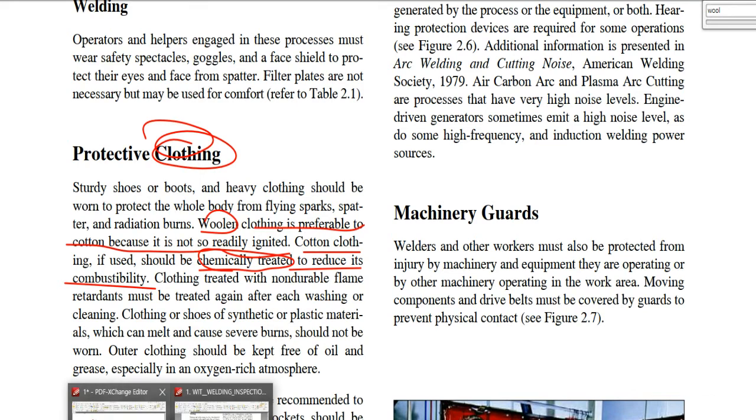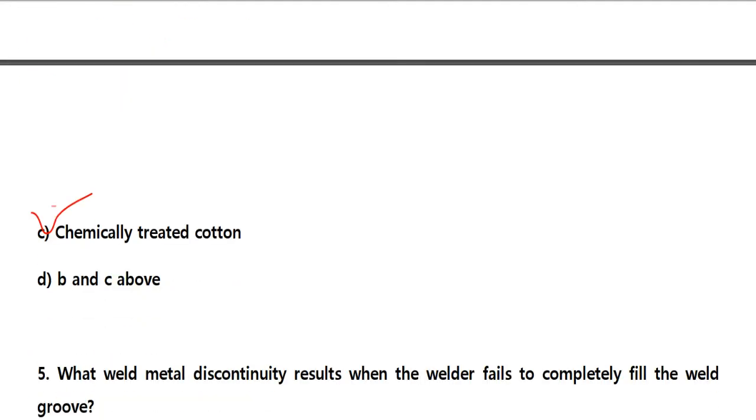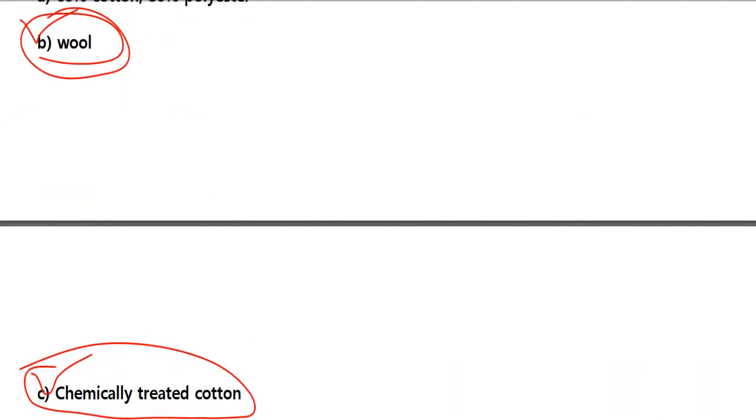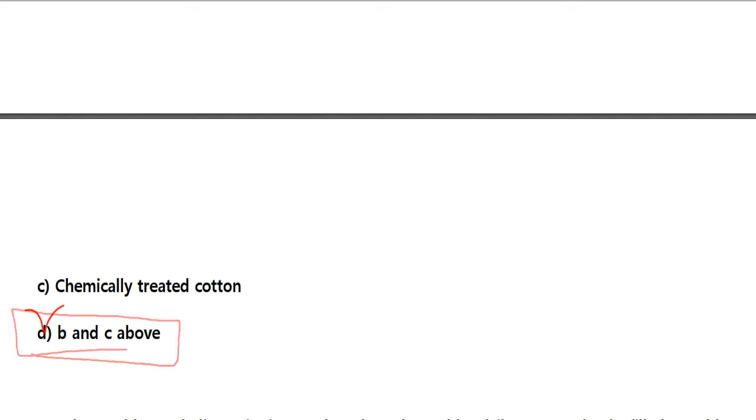So the right answer is woolen, and C, chemically treated cotton. So the right answer is B and C. Thus the correct answer is D. Again, D, David, B and C.